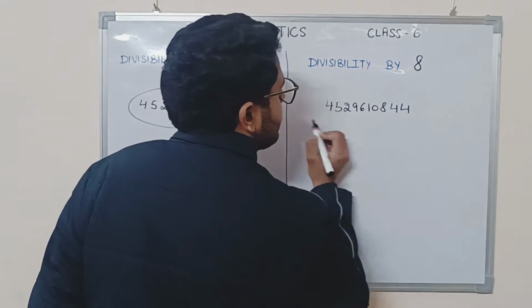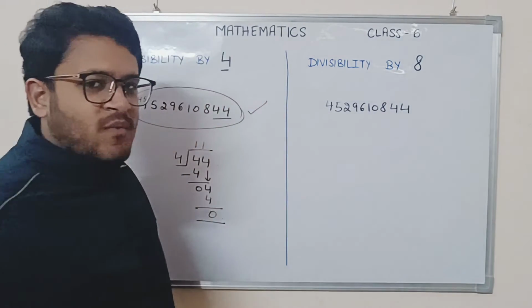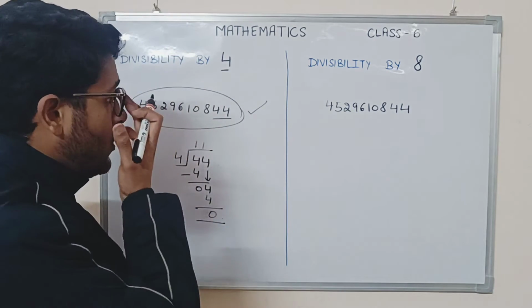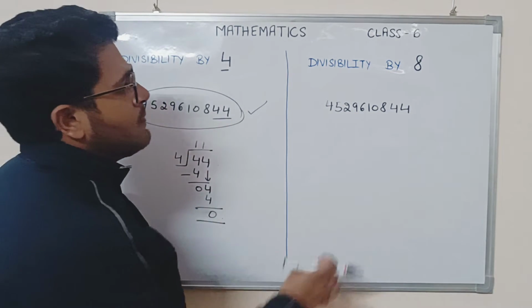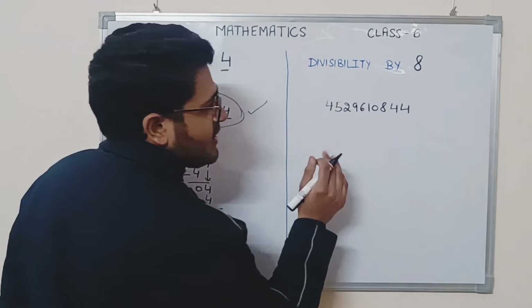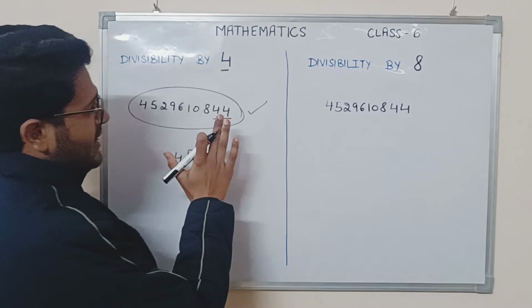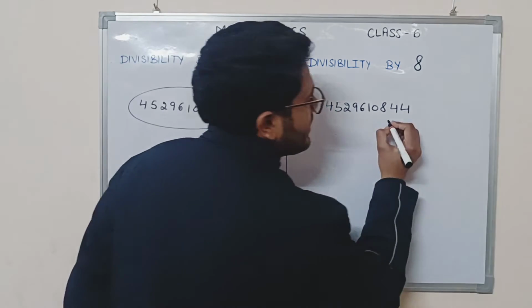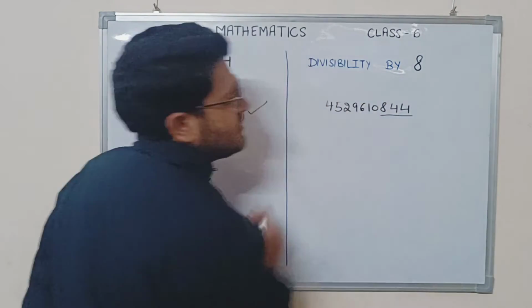If we start dividing it by 8, it will be a very time consuming task. So in order to find whether this number is divisible by 8 or not, instead of taking the last two digits, we will take the last three digits.